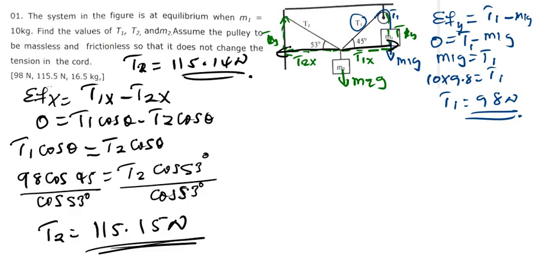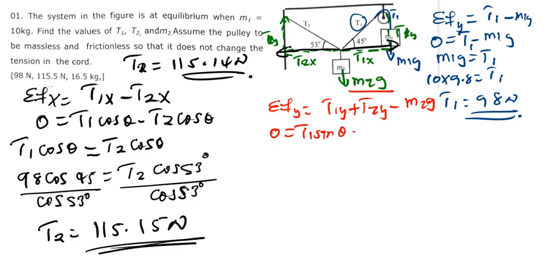The summation of forces in y direction, we have T1y pointing upward plus T2y also pointing upward minus this m2g pointing downward. We replace this by 0 because the net force is 0. So this is going to be T1 sine theta plus T2 sine theta minus m2g.